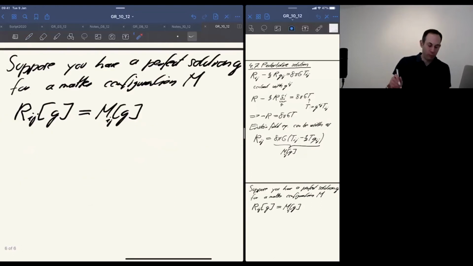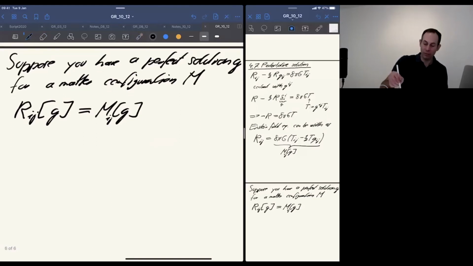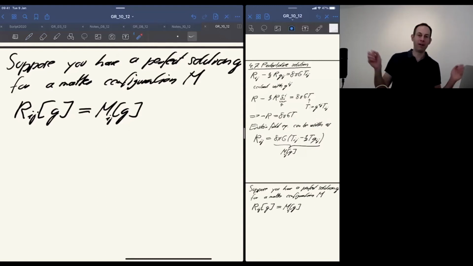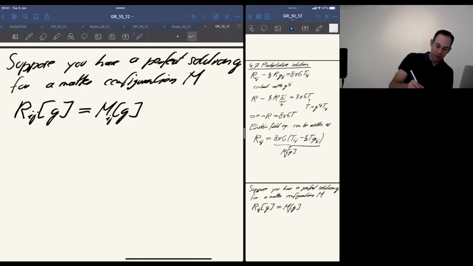But now, suppose we are interested to know how the solution would look if I slightly change the mass configuration. For example, let's suppose I first have just a very simple mass configuration with one central mass, and now I add a little particle to it that flies towards the mass. I could ask, how does this influence the geometry? Of course, it should influence the geometry only a little. So I'll write this down.